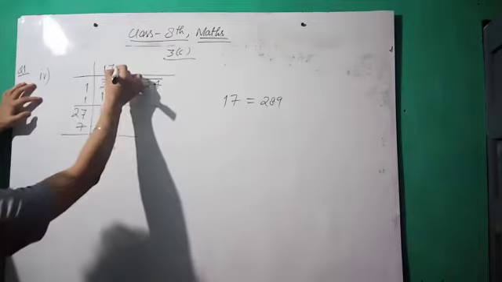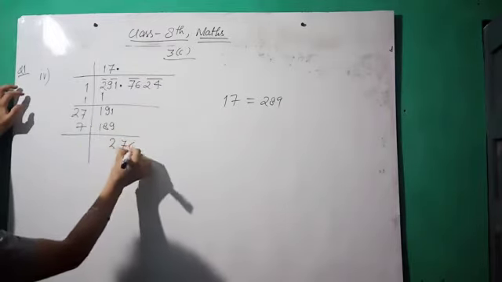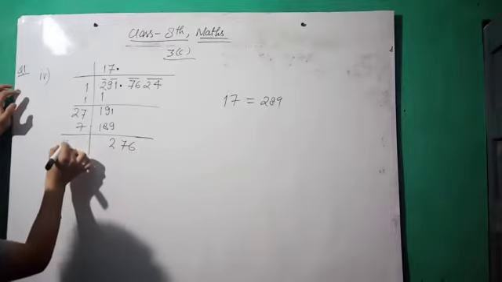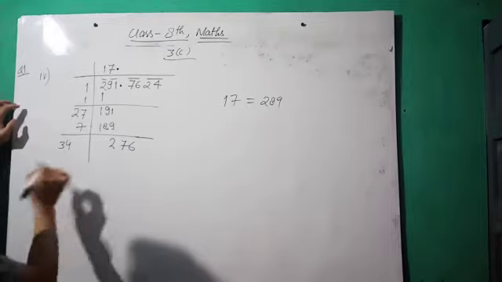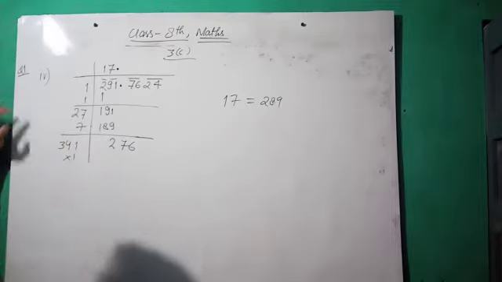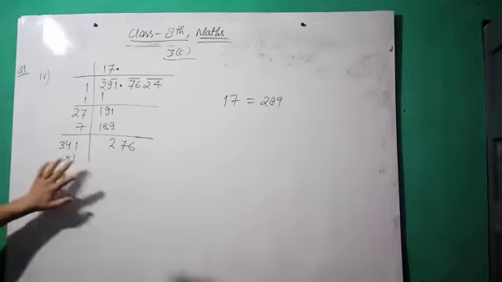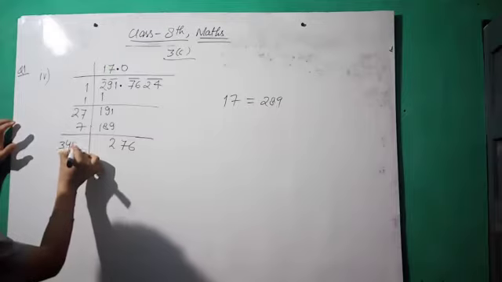Then 276. Now add, this is 34. If we place 1 here, we have to multiply by 1, but this is less than that, so we add 0 here and here also.